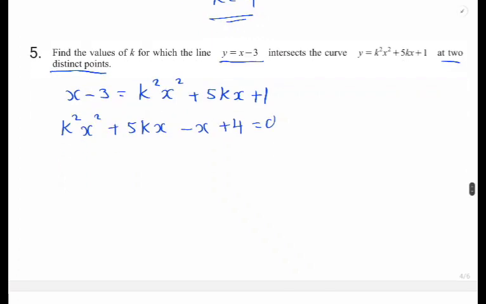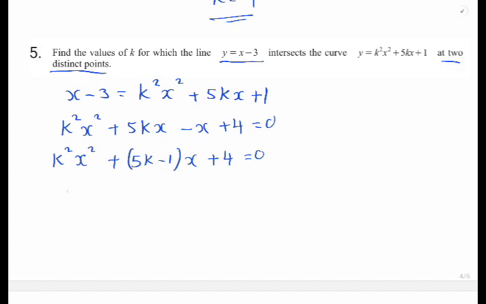Alright, so in this case you have, okay, I write down here k squared x squared. I factorize, that means I have 5k minus 1 x here plus 4 equal to 0.